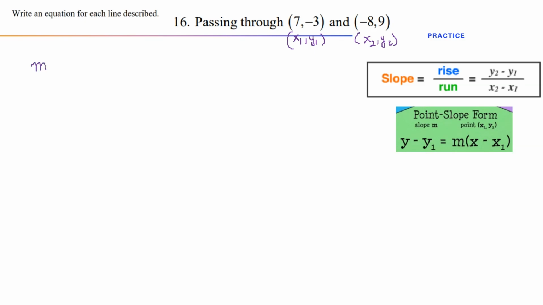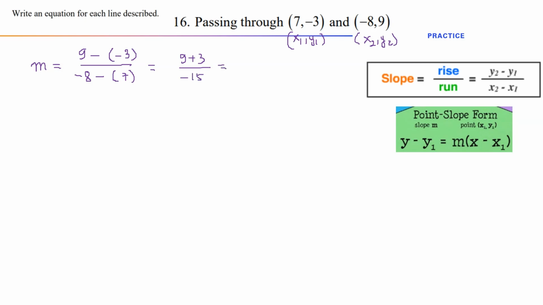So for the slope m, that equals y2, which is 9, minus y1, which is negative 3, over x2, which is negative 8, minus x1, which is 7. Alright, so we have 9 plus 3 over negative 15.